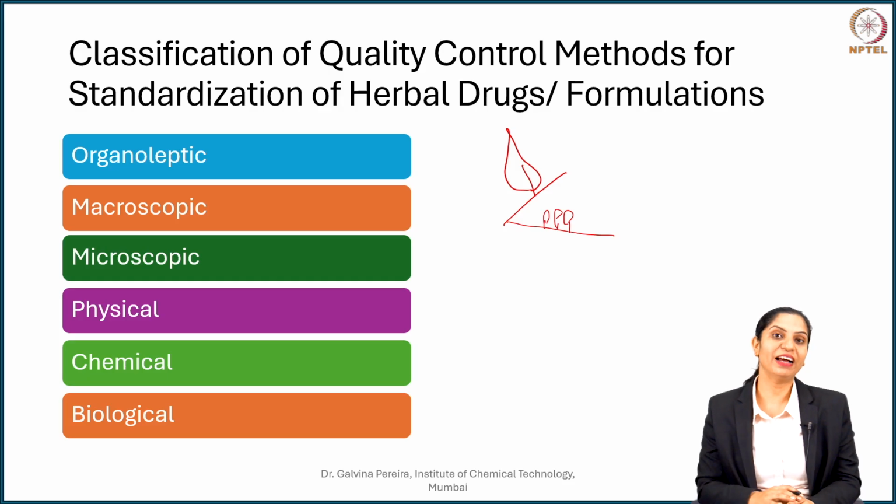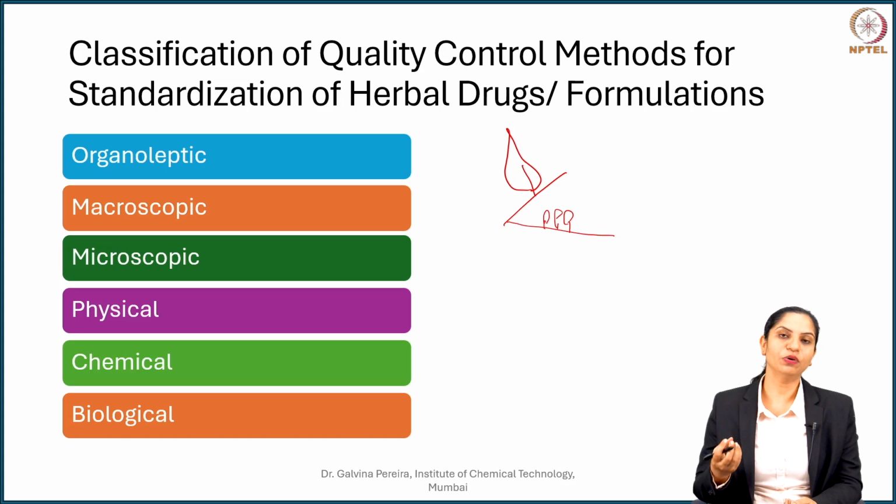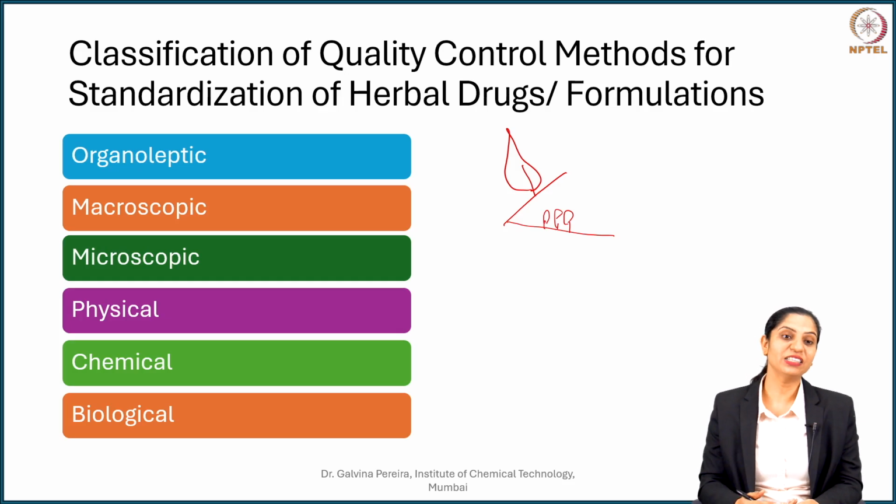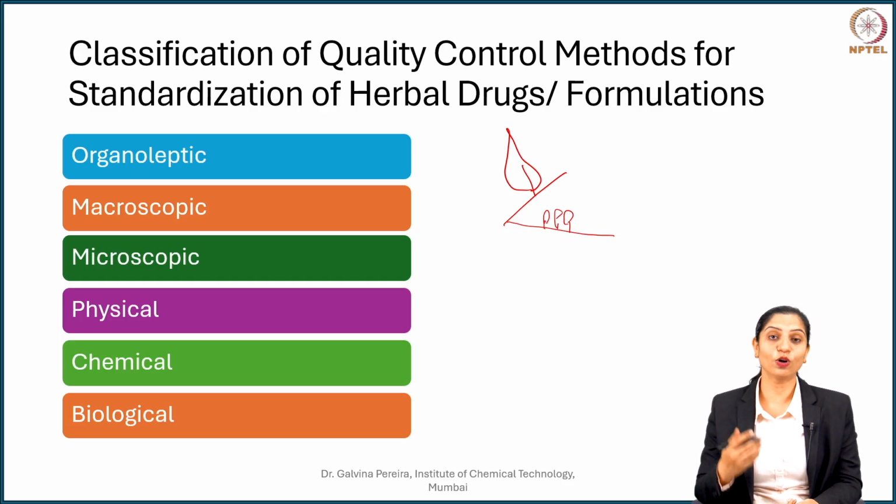So in physical evaluation, you have moisture content, you have swelling, if a drug swells, or for oils you can have refractive index, and for oils viscosity. Not only that, you can even see the chemical parameters, what all chemical classes it contains, and in the end, to see the efficacy, we also have biological methods.